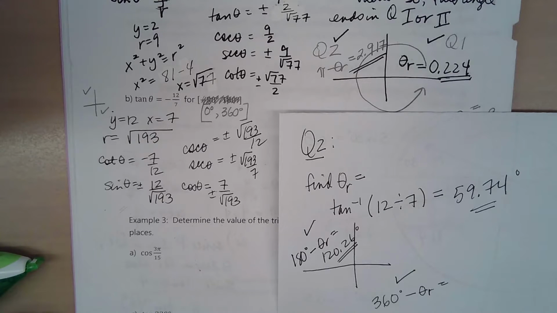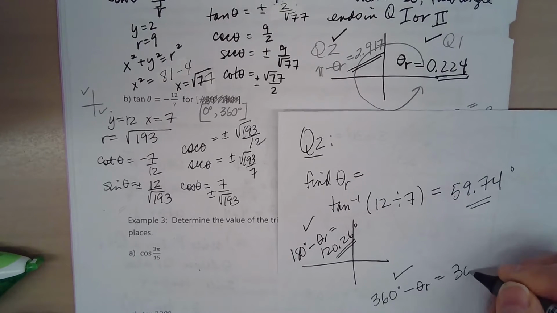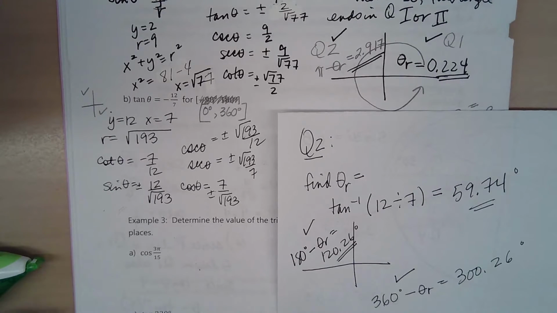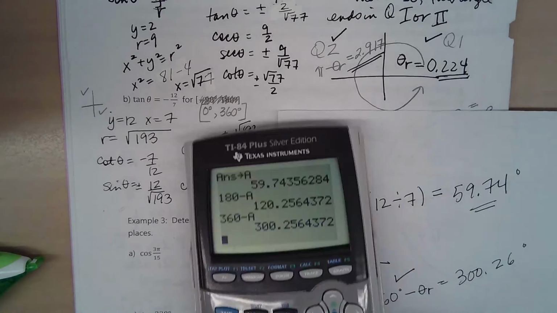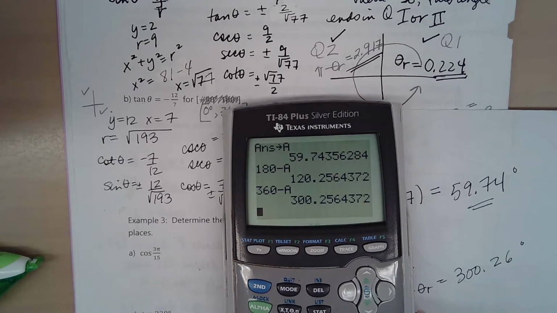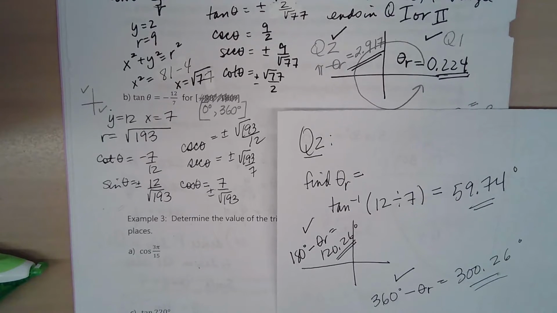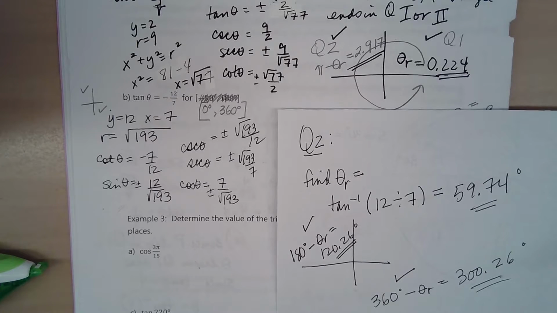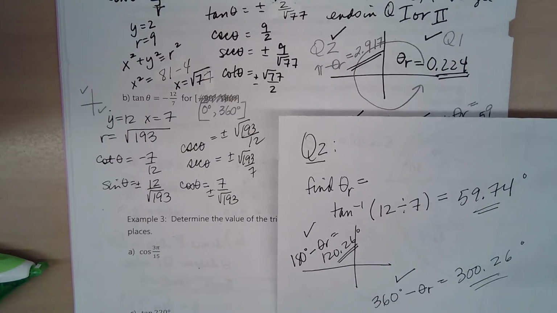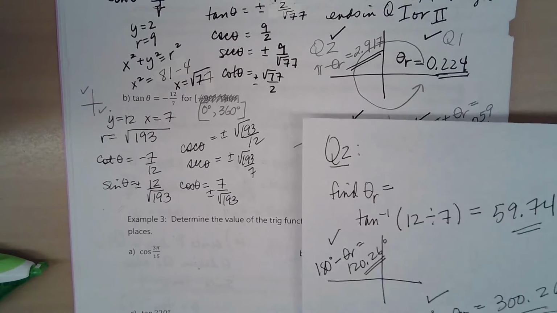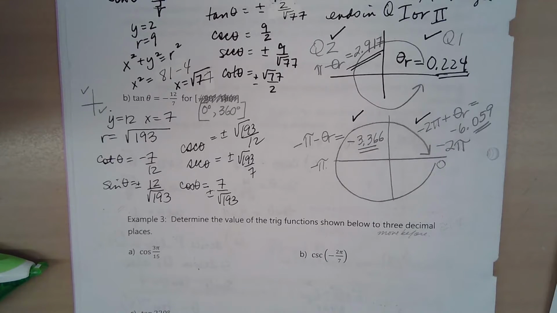I ended up getting 0.26. So those are my 2 answers. Okay? Lots of work for these, right? It's because those are repetitive values.